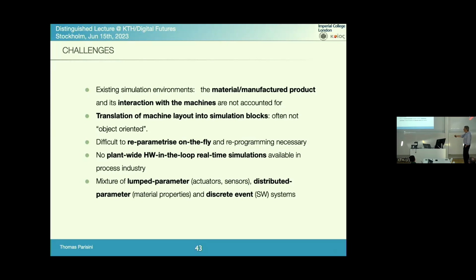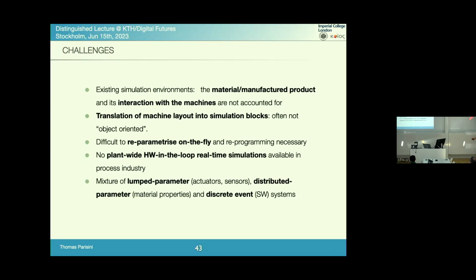Next, reparameterize on the fly. You do one digital twin, they are very happy, then they say, okay, can you make another one for this other plant? Similar, but not the same. You want to be able to reparameterize that on the fly, so you need to make sure that this is possible.